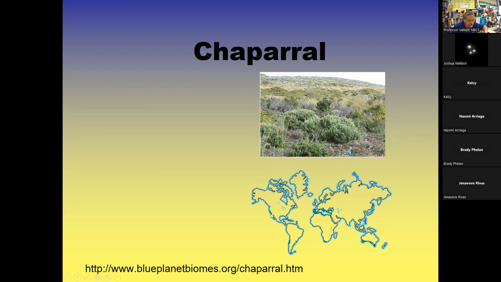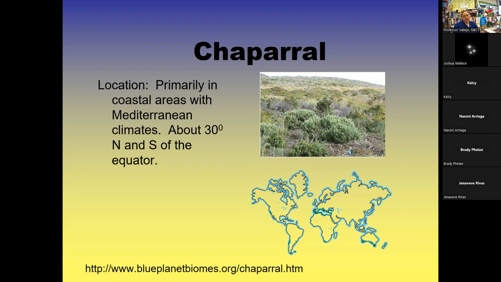It's right there in California, here on the Iberian Peninsula, Portugal and Spain, also a little part of South Africa, Chile as well, and then a little part of Australia over here. They all are very, very nice places to live.